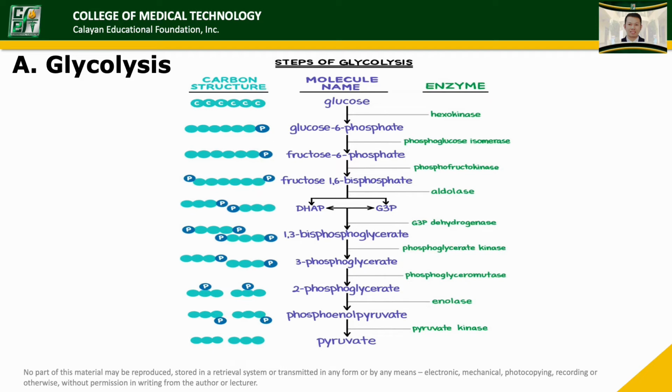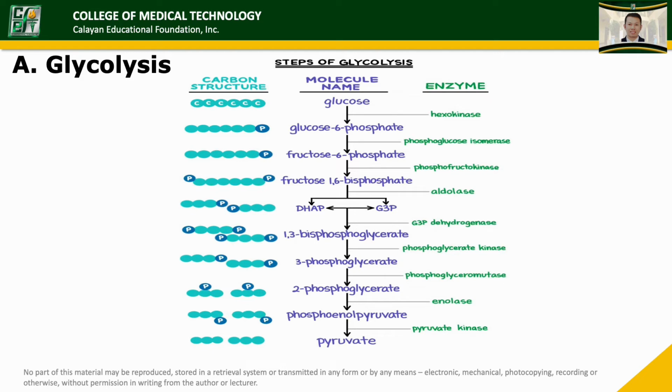So that's why you call it now fructose 1,6 biphosphate. Biphosphate or diphosphate is the same. Then after that is the utilization of the HAP and G3P, which I'll be explaining later on.